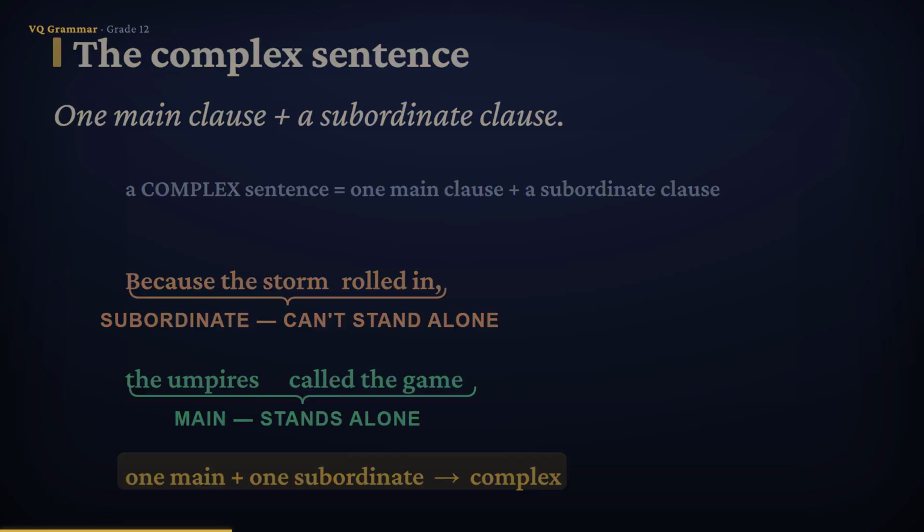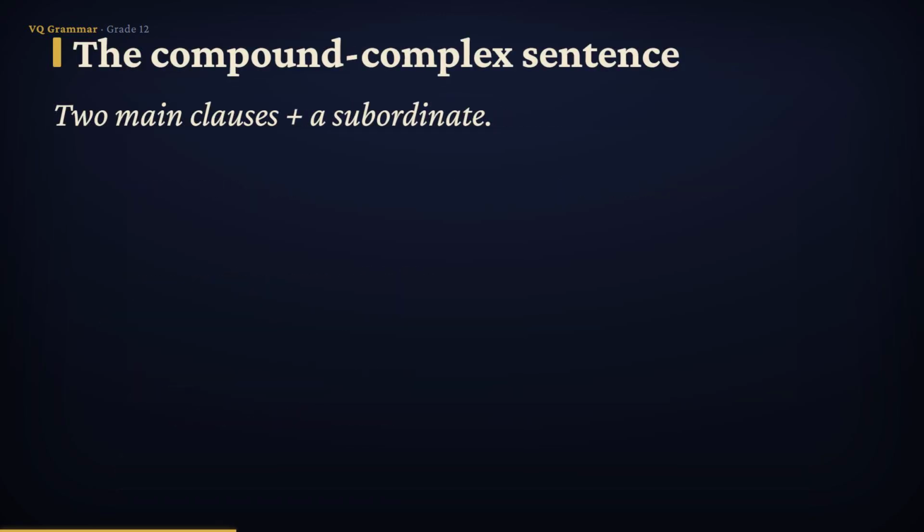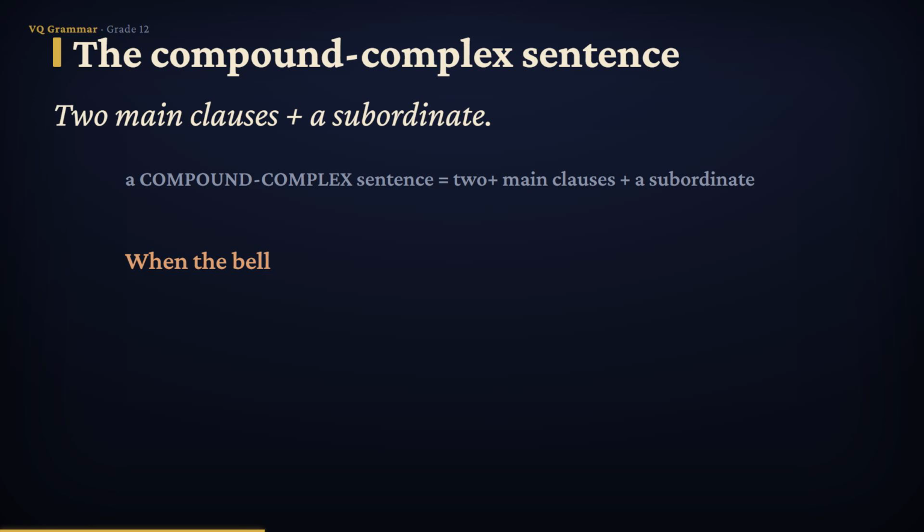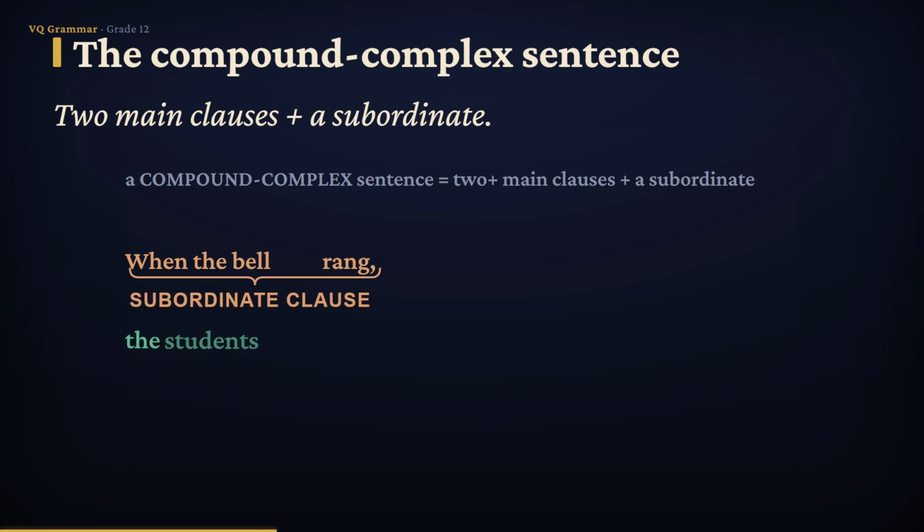you a complex sentence. Here's the fourth and fullest structure, the compound complex sentence. It has two or more main clauses and at least one subordinate clause. Let's stack the parts one at a time. Begin with a subordinate clause, "when the bell rang." Incomplete on its own, as you'd expect.